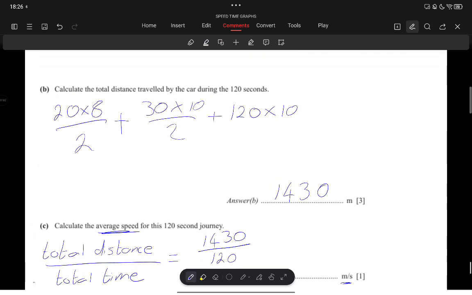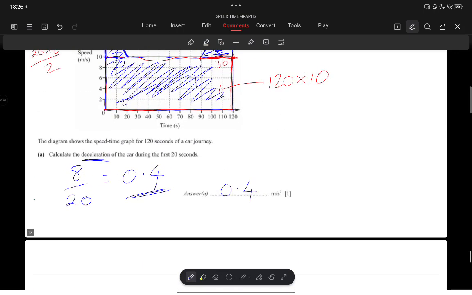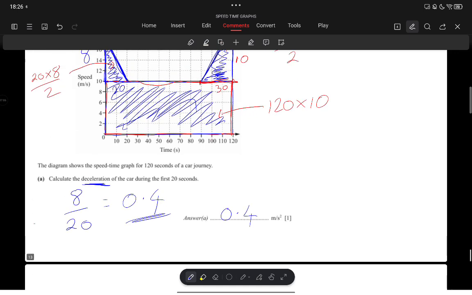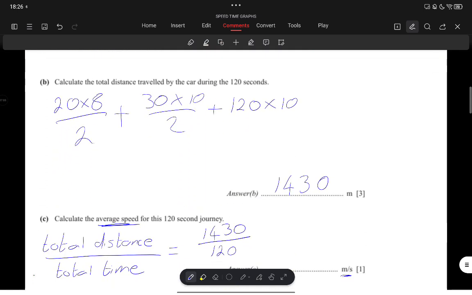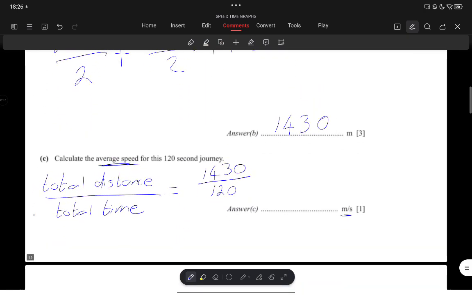I'm just going to double check. That was the entire length of the journey, wasn't it? Yes, 120 seconds. So average speed, total distance divided by total time, 1,430 divided by 120. It's a slightly annoying decimal, so I'm going to write my answer to 3 significant figures: 11.9 meters per second.